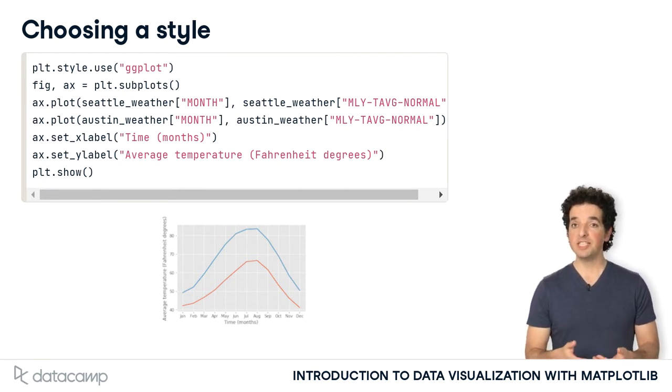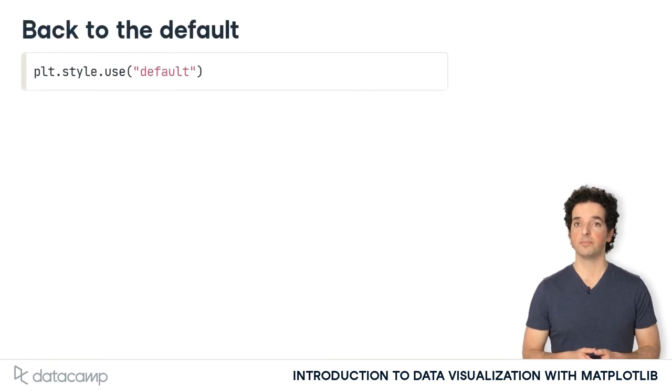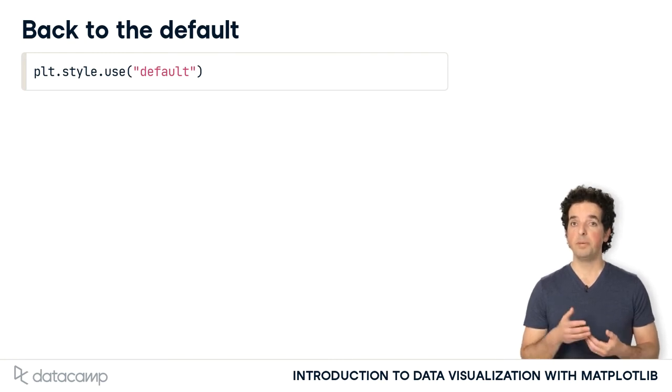Furthermore, this style will now apply to all of the figures in this session until you change it by choosing another style. For example, to go back to the default style, you would run plt.style.use default.